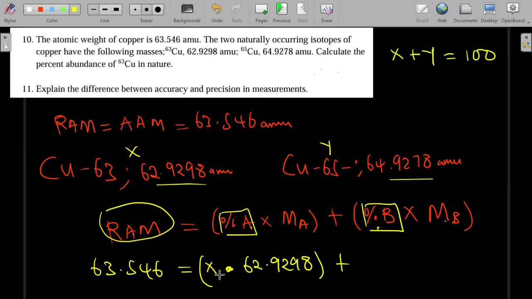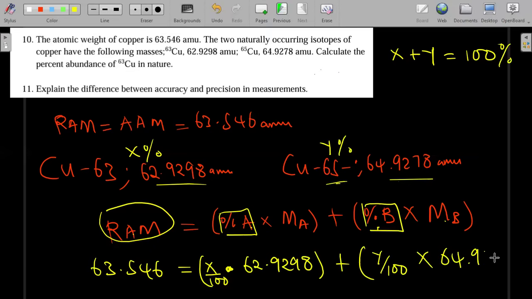Remember the percent is always over 100, so I put X over 100, taking X as a percent, and on the other side Y over 100, multiplied by the mass here, 64.9278. So this is the equation that I have.